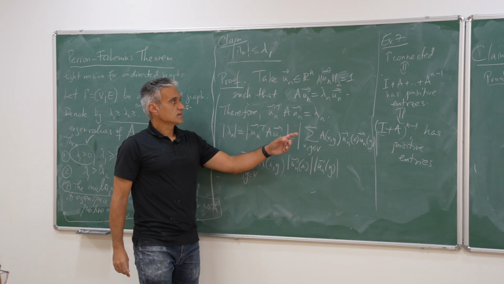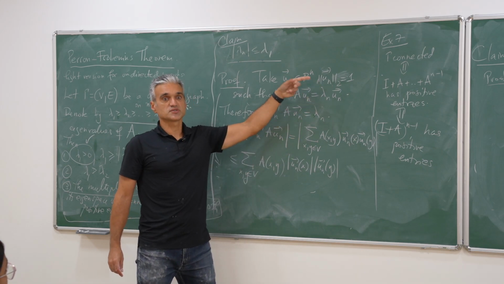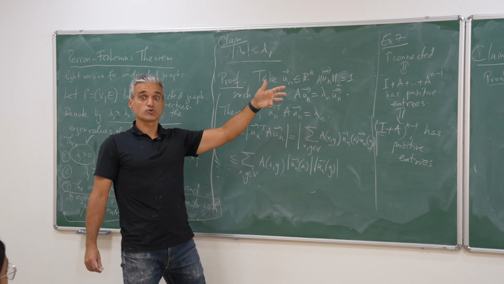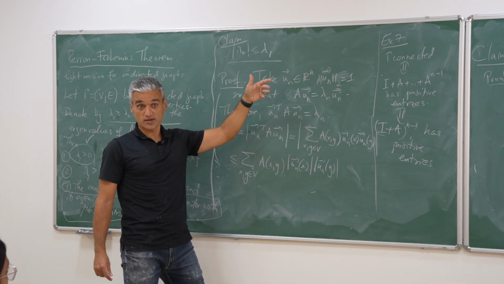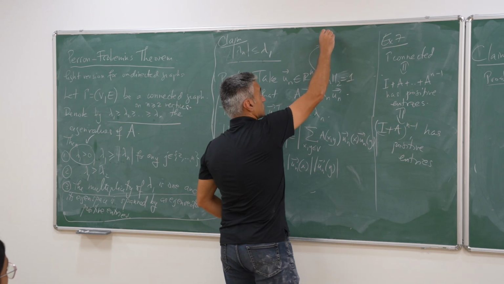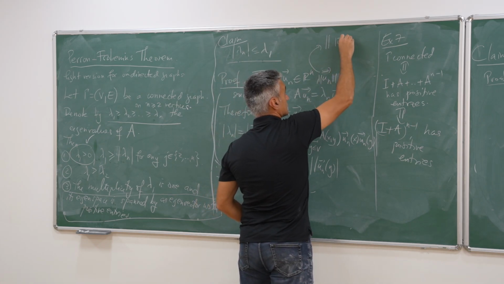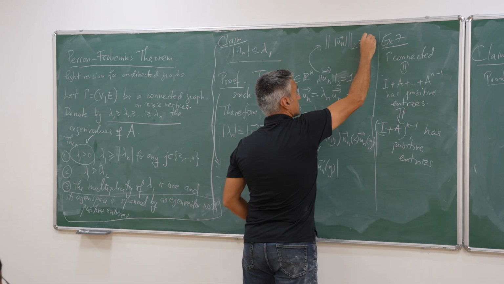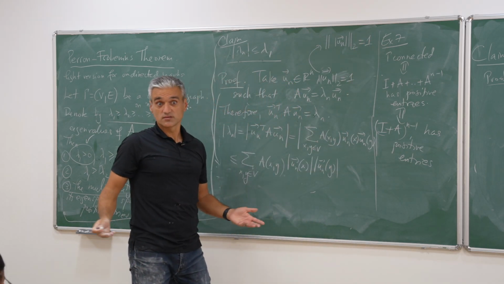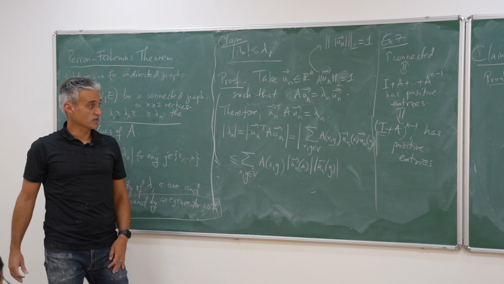Now, if the vector un has length 1, and I replace all the entries in un by their absolute values, that vector is also going to have length 1. If you square the number or square the absolute value, it's the same thing.